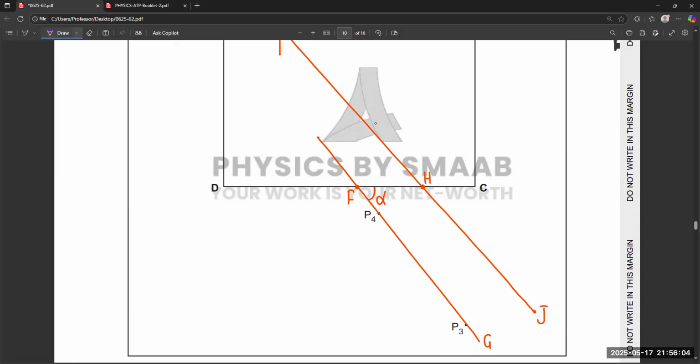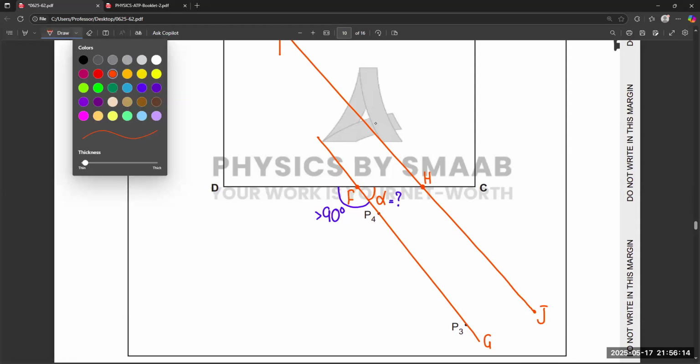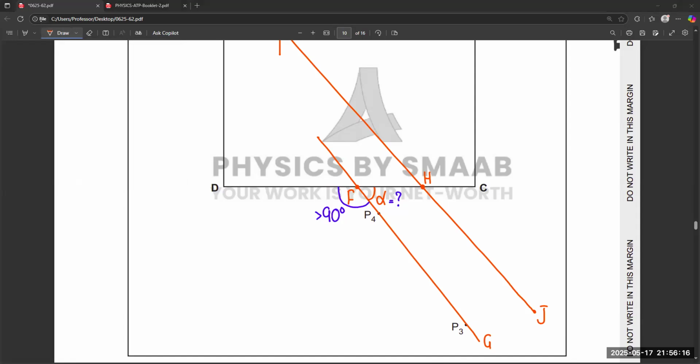If you consider this side, this is greater than 90, right? That's why it is mentioned acute angle, this one, which is smaller than 90. So again, we take the help of the protractor to measure the angle.